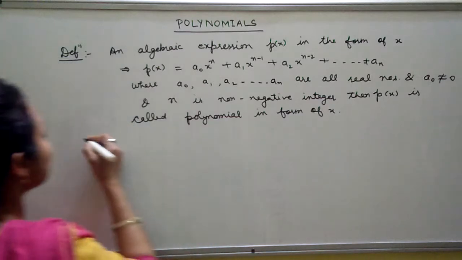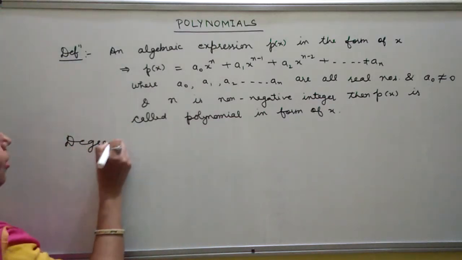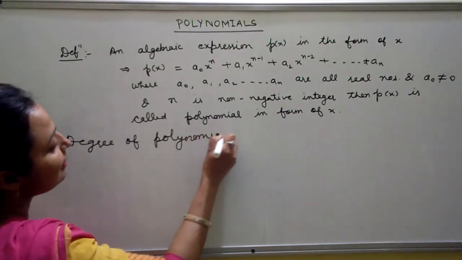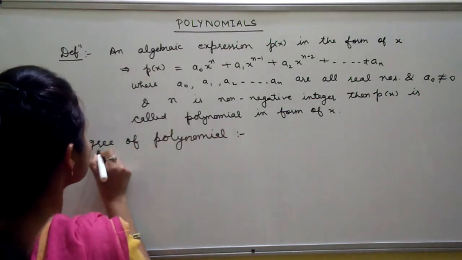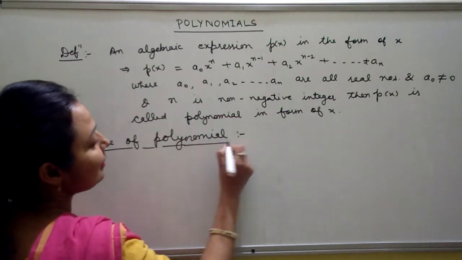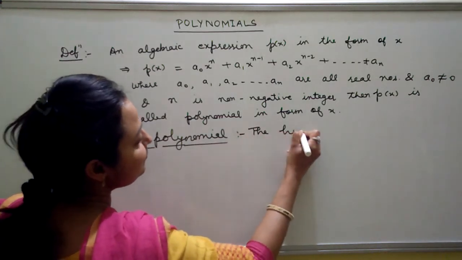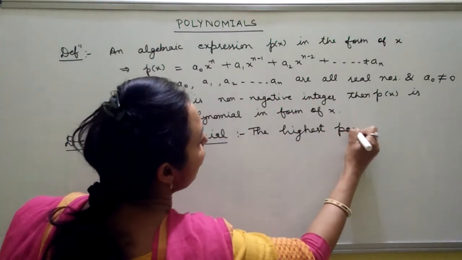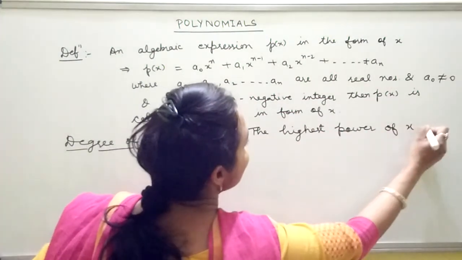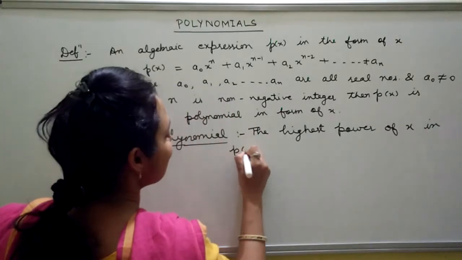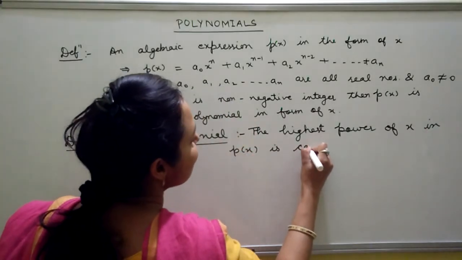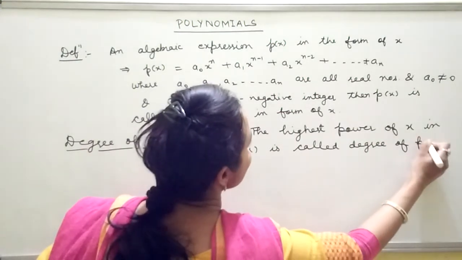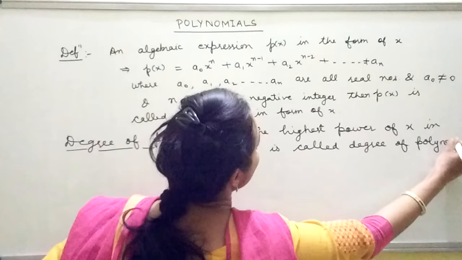Okay, what is the degree of a polynomial? The highest power of x in p(x) is called the degree of the polynomial.